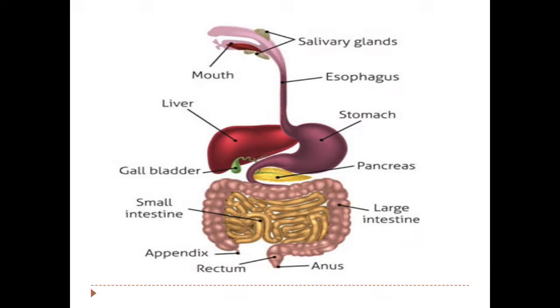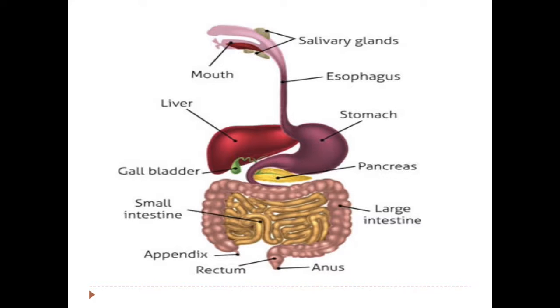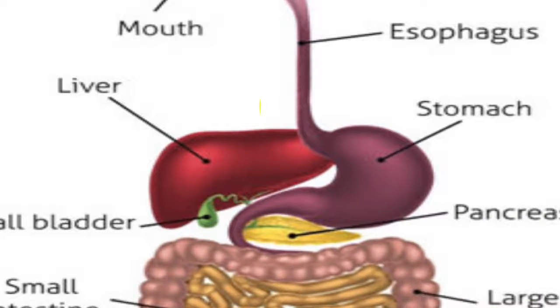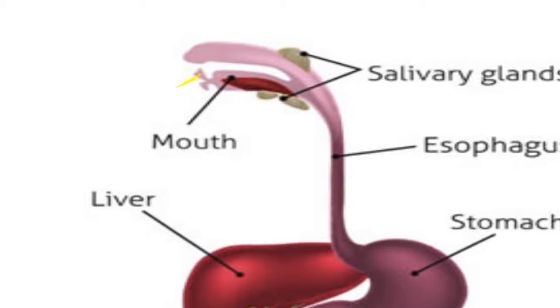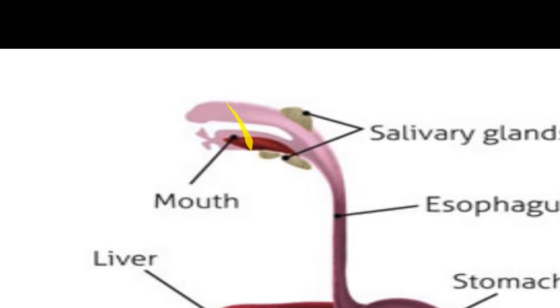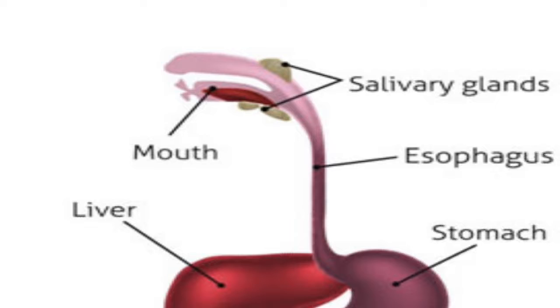Now we will learn how food enters through these digestive parts and gets digested. Okay, let's start again. When food enters through the mouth, its digestion starts in the buccal cavity.